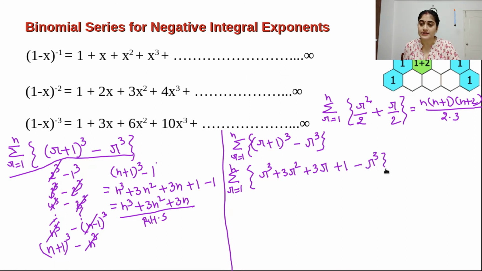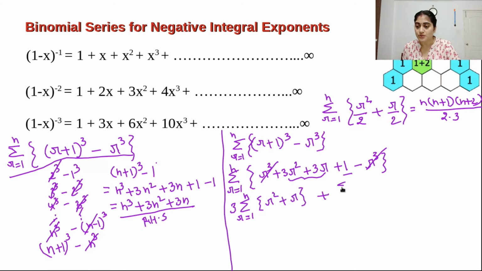So r cube will be cancelled out. If I take the first two terms, with the 3 taken out, it will be r square plus r, and the last term I take separately, the summation of 1 for r equals 1 to n. So what will this be?